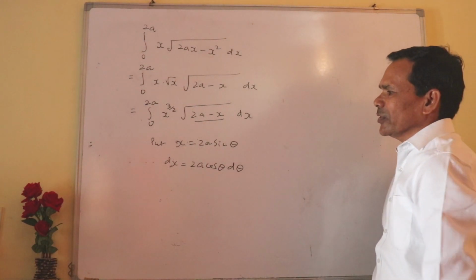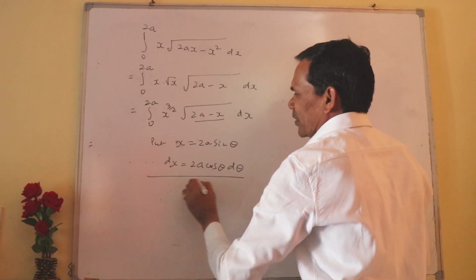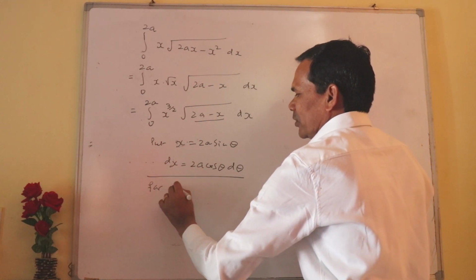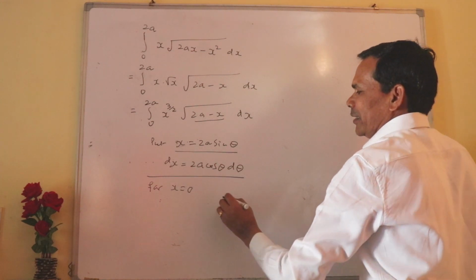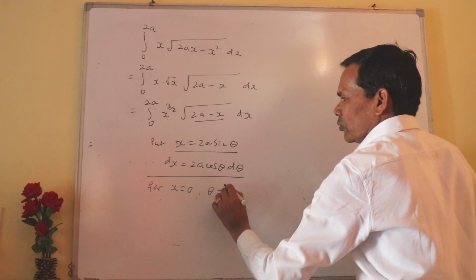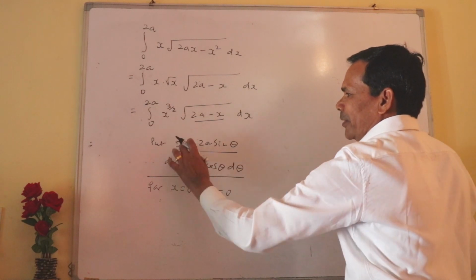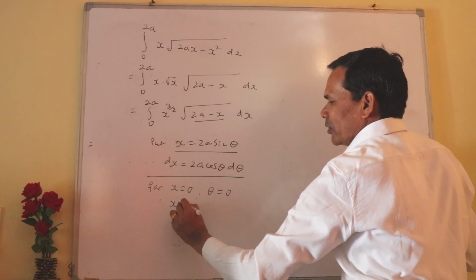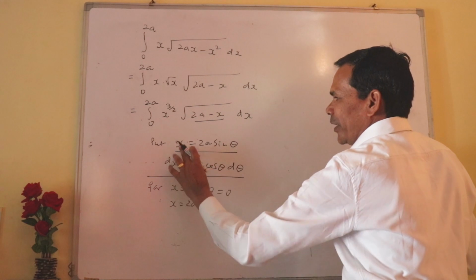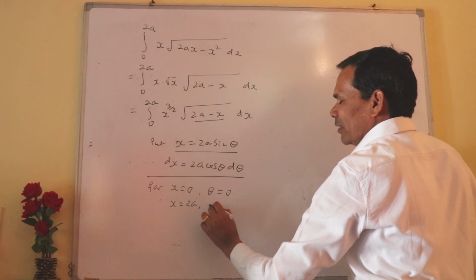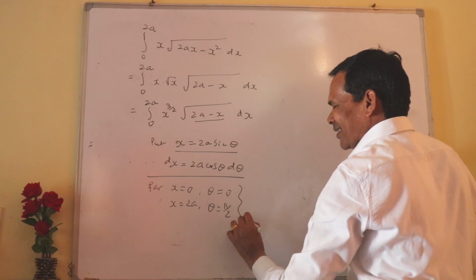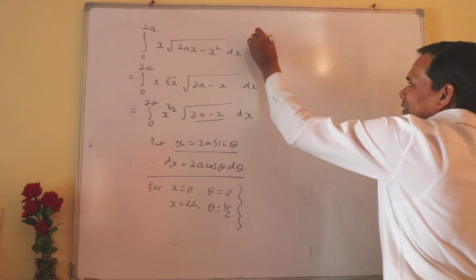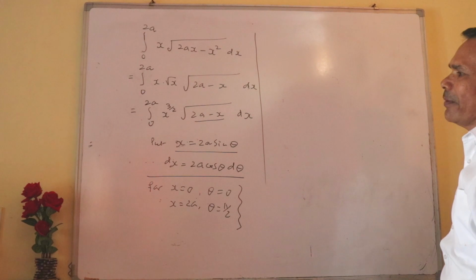Now I substitute this, and the limits: for x equal to 0, sine theta is 0, so theta is equal to 0. If you put the upper limit x equal to 2a, then 2a gets cancelled, sine theta is 1, so theta is equal to pi by 2. So readily you get the standard limits, 0 to pi by 2.